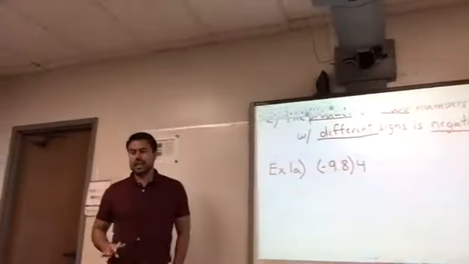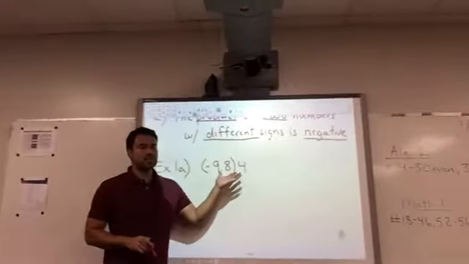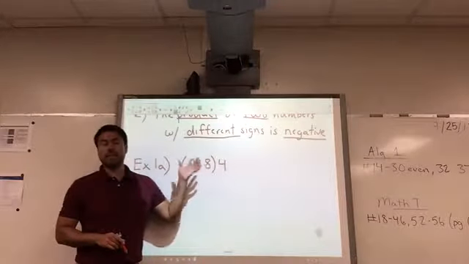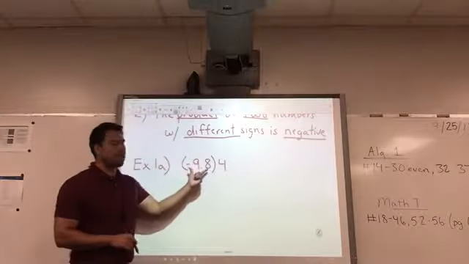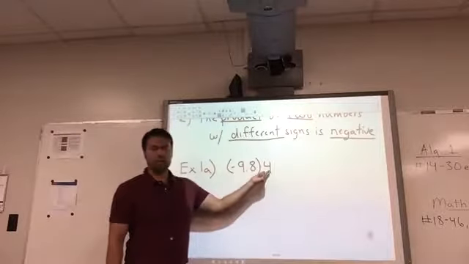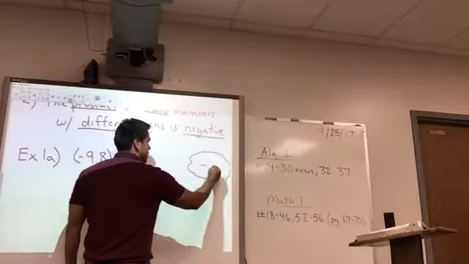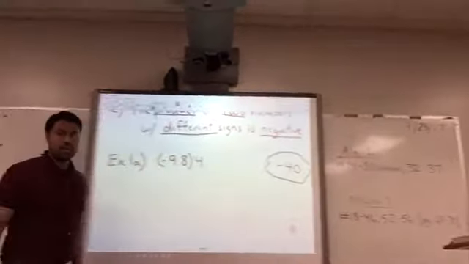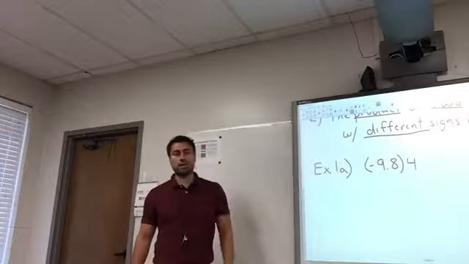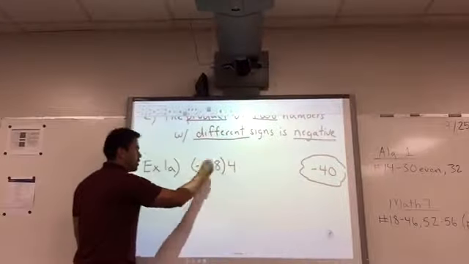Something I do want to say when you're multiplying decimals or fractions is a lot of times we get an answer and it may look okay, but there's a way to make sure it is okay simply by estimating. So what would negative 9.8 round up to? Negative 10. What's negative 10 times 4? Negative 40. Good. So you don't have to write this down, but I'm thinking this answer should be about negative 40, right? So if you're way off negative 40, you can pretty much tell yourself you're wrong. Something was done incorrectly. So use that as a guide when you actually multiply this out.